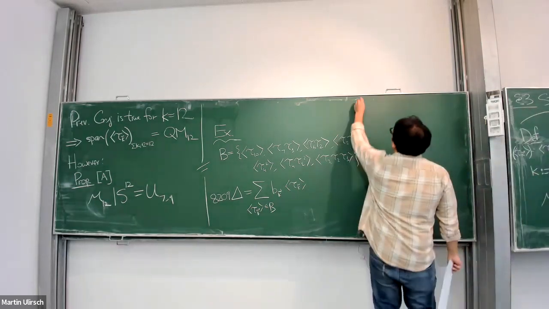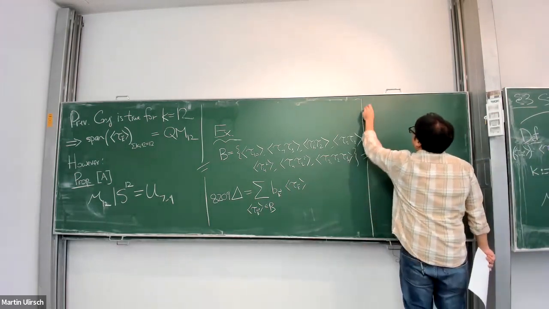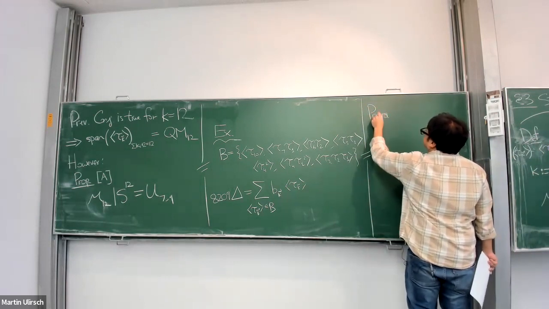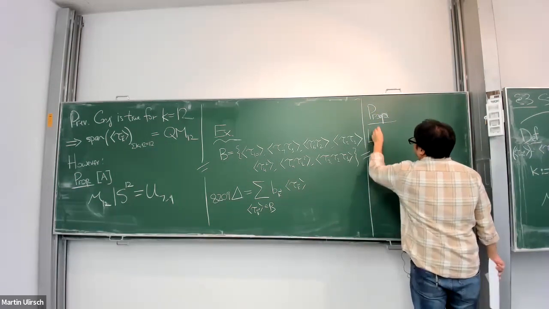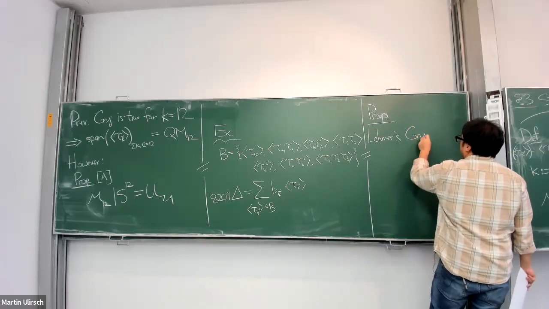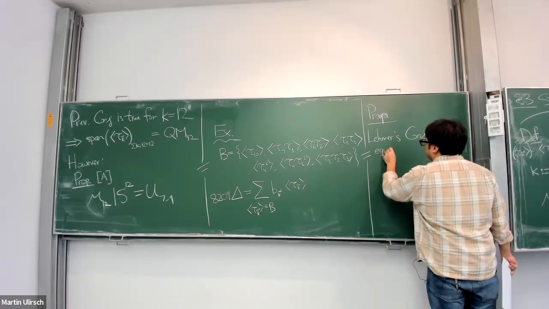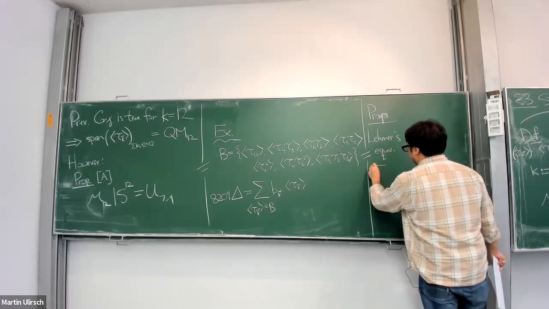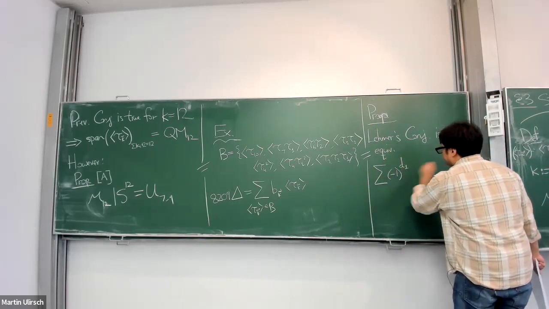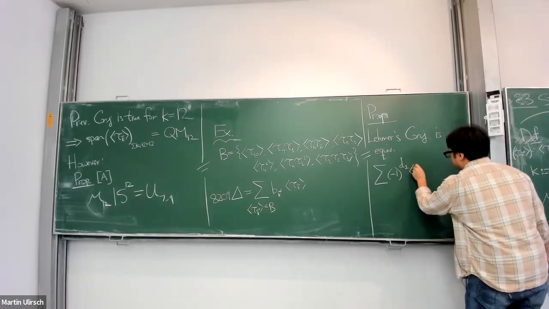But the fact of the matter is, the final thing I'll end with, the punchline, is that Lehmer's conjecture is equivalent to saying that the following alternating sum of Gromov-Witten invariants never vanishes.